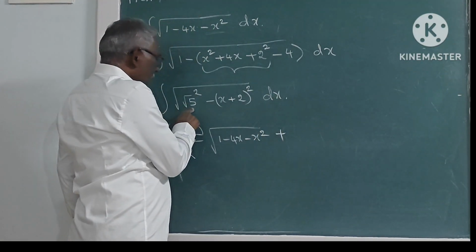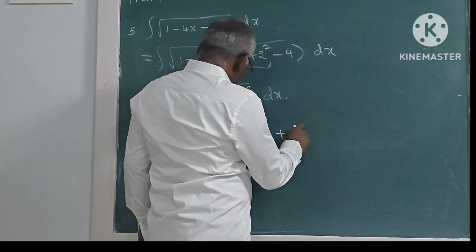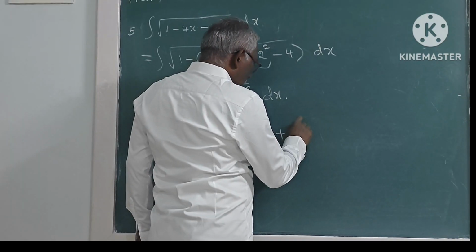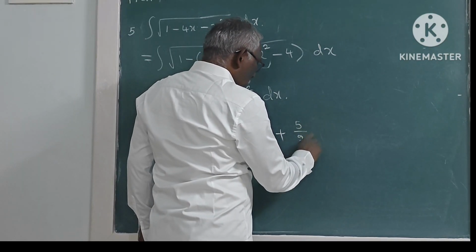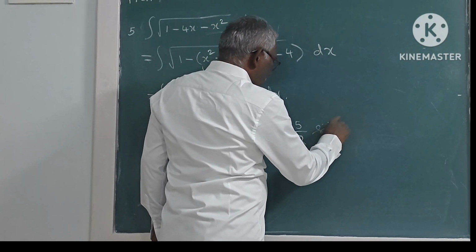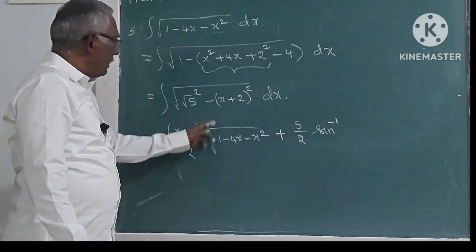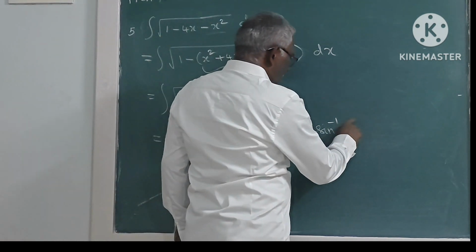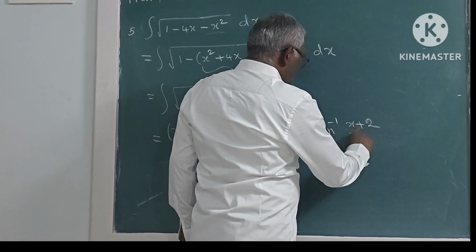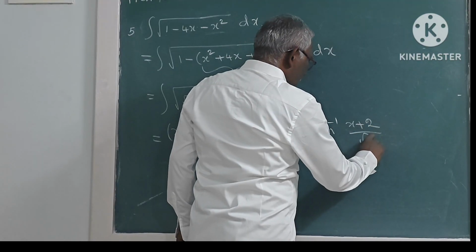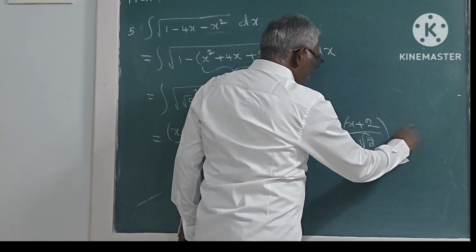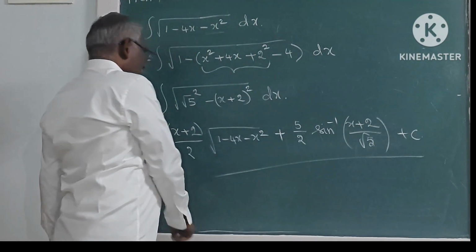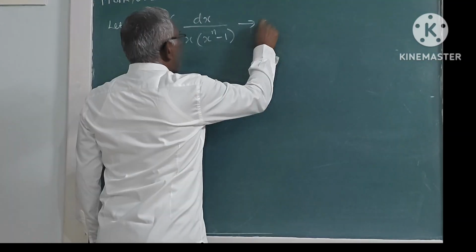What is a? a is root 5, root 5 square. So 5 by 2 sine inverse of x plus 2 by root 5, plus constant. So this is the answer.